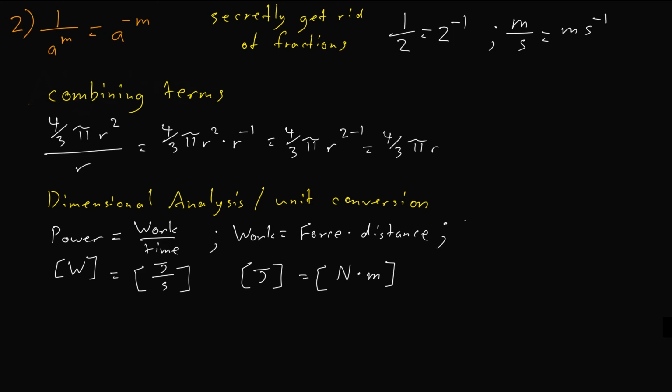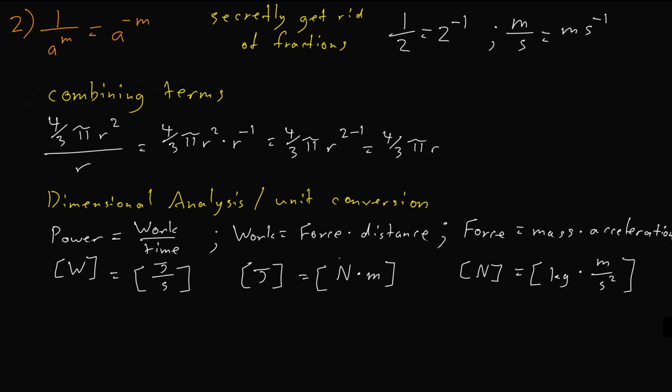But what is force? Well, if we remember Newton's laws, we know that force is equal to mass times acceleration, right? So that means newtons are equal to kilograms times meters per second squared.